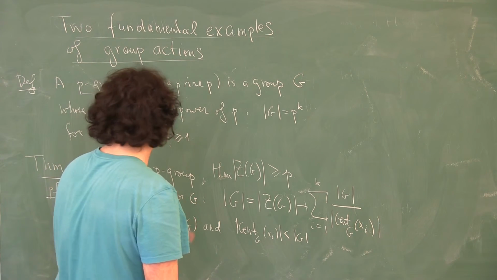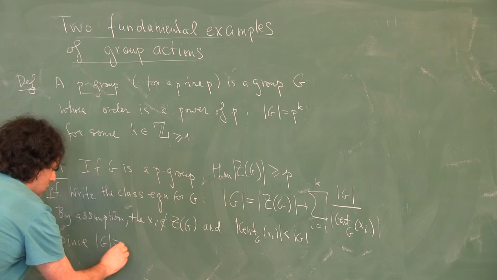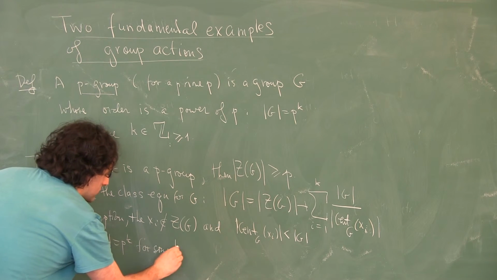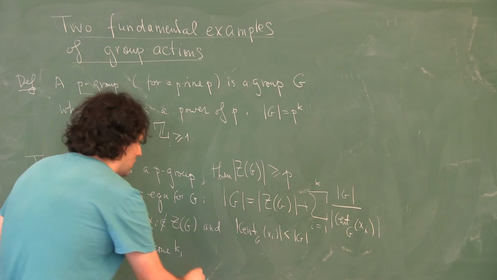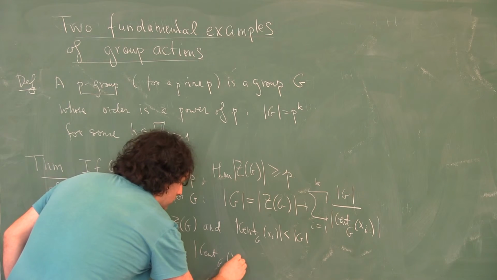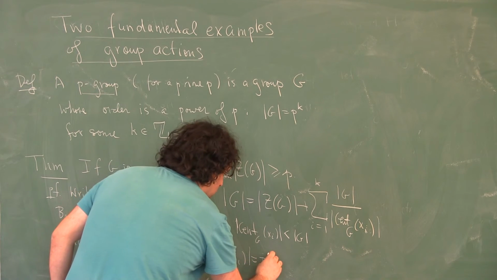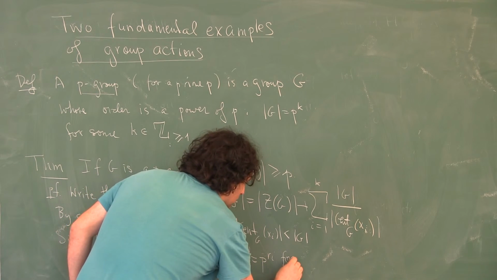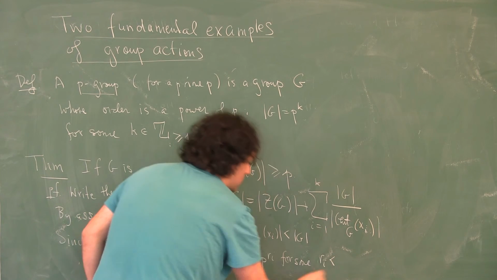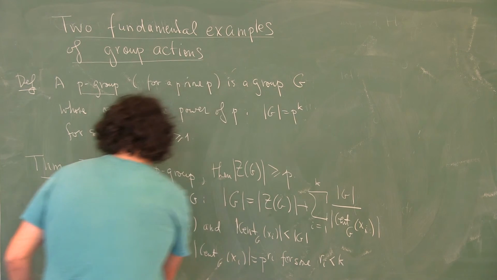However, since the order of G is p to the k for some k, the order of the centralizer in G of xi has to be p to the ri for some ri less than k, by Lagrange's theorem.